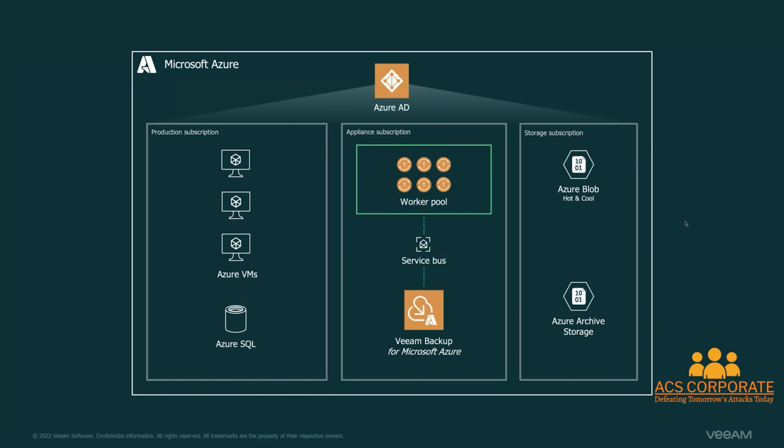So if you're taking backups of, say, a workload in central US as an example, and you want to offload those backups out to these different backup repositories in those regions, a worker will just spin up automatically from Veeam Backup for Microsoft Azure and do the data transfer, the data processing in that region.